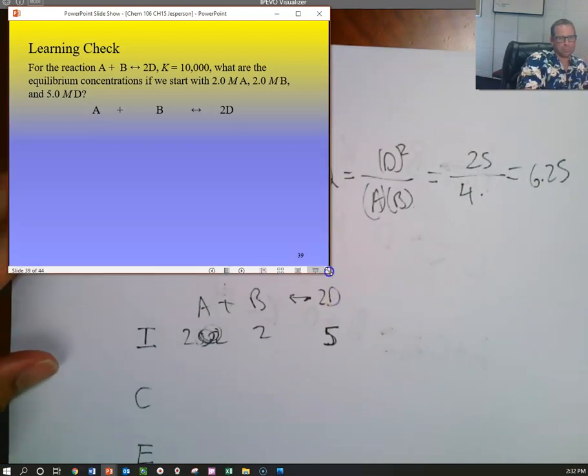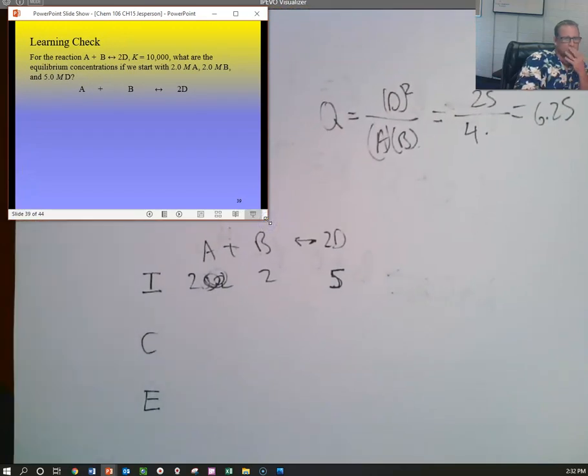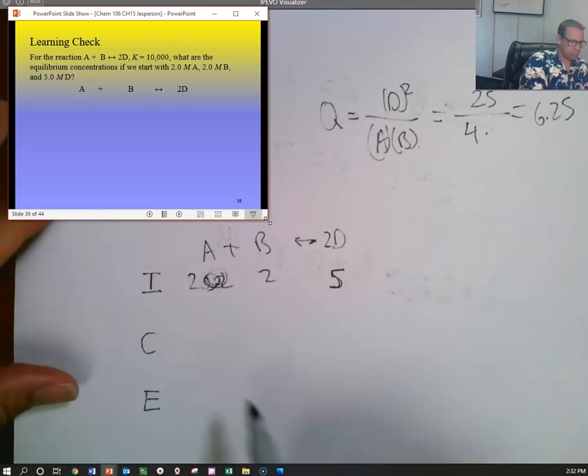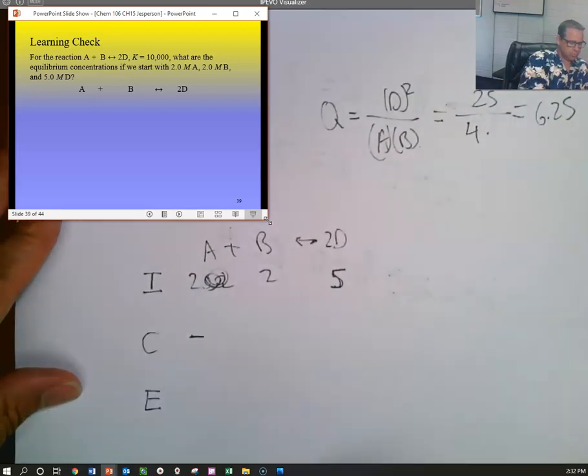All right, so now we have the changes. C stands for change. That's right. I think A is going to be, we're going to be losing A since it's moving to the product side. So it's going to be minus x.